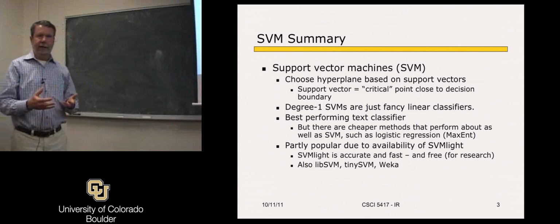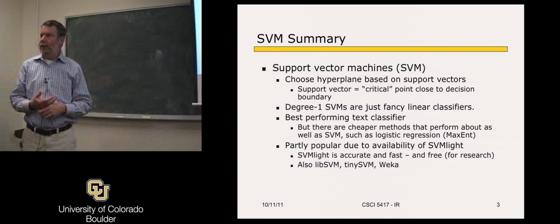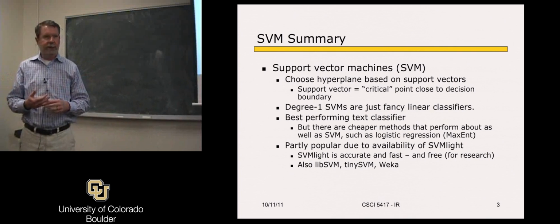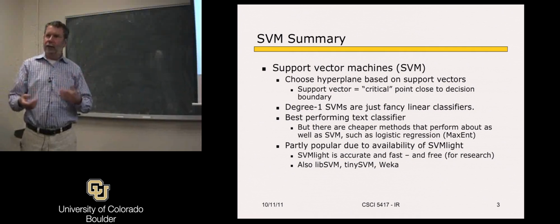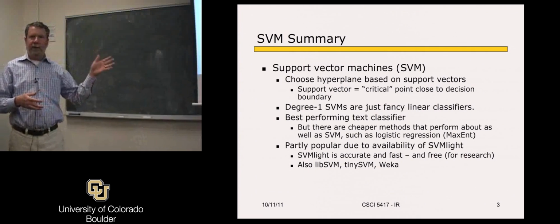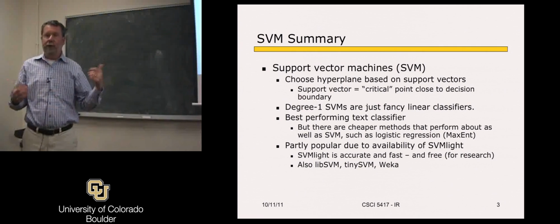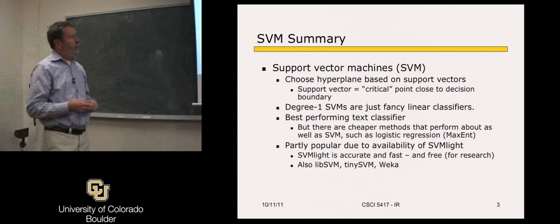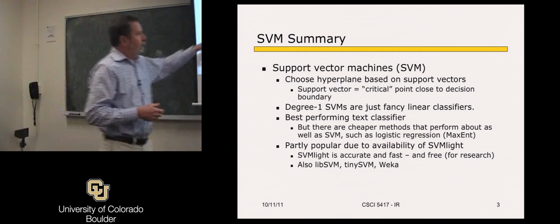They make it fairly easy to represent large numbers of shallow features, and it's fairly easy to concoct new features and throw them in. Training time for SVMs can get quite expensive and prohibitive. That's why one of the points here is that there are cheaper methods.